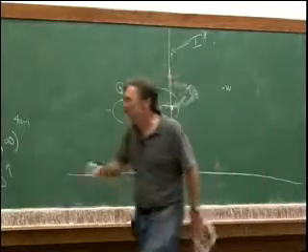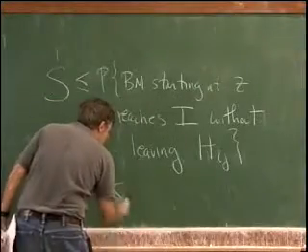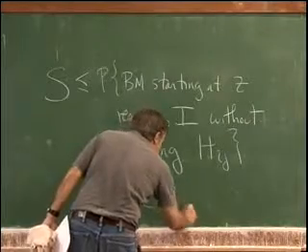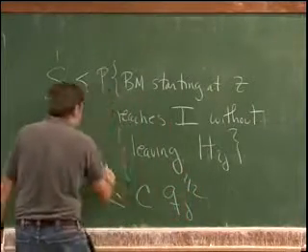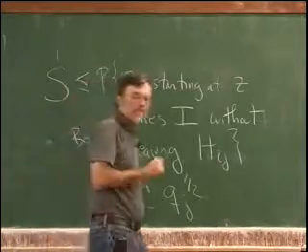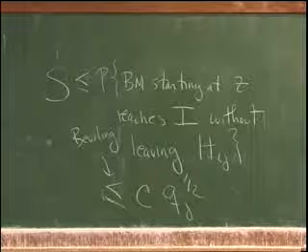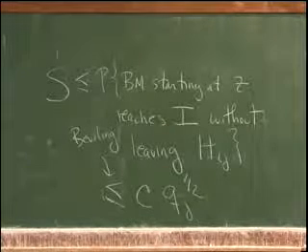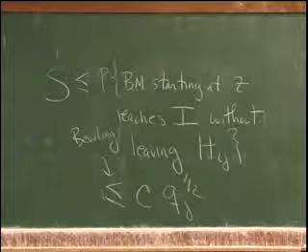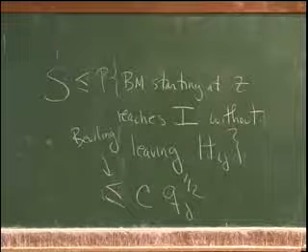By the Beurling estimate, this is less than or equal to, and therefore I can stick qj to the 1/2 here.